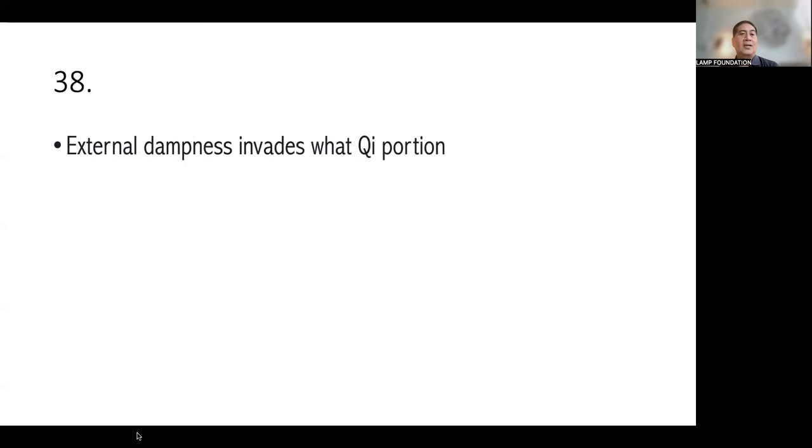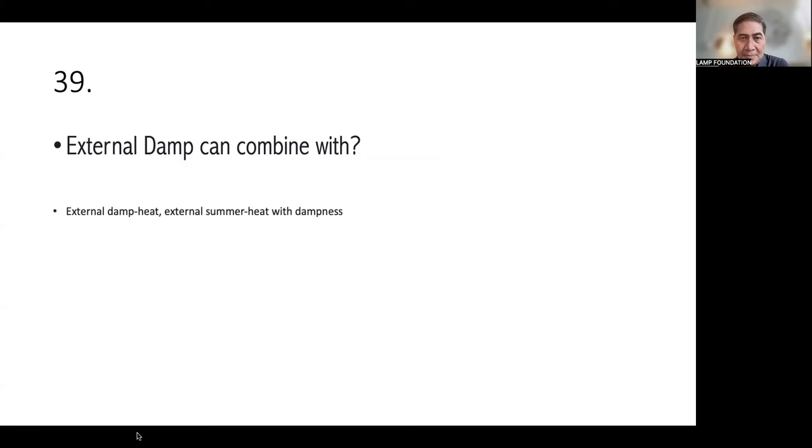Very good. External dampness invades what chi portion? Lung Wei Qi. Okay, still the Wei Qi. External damp can combine with external heat, external summer heat with dampness.